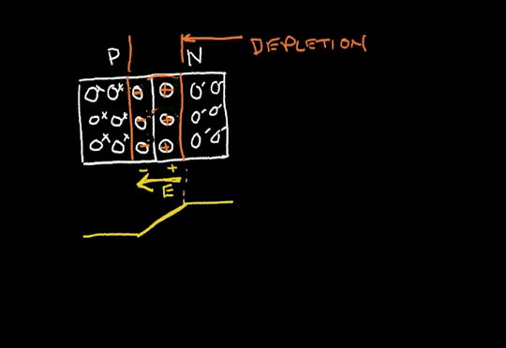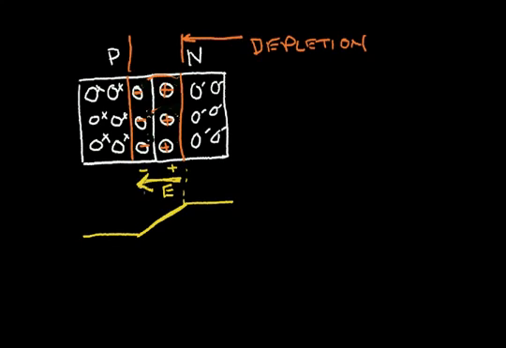And once we put this P-type and N-type region together, the electrons diffuse over into the P region and create a negative region, and the holes from the P region diffuse over to the N region, and it creates a positive region.